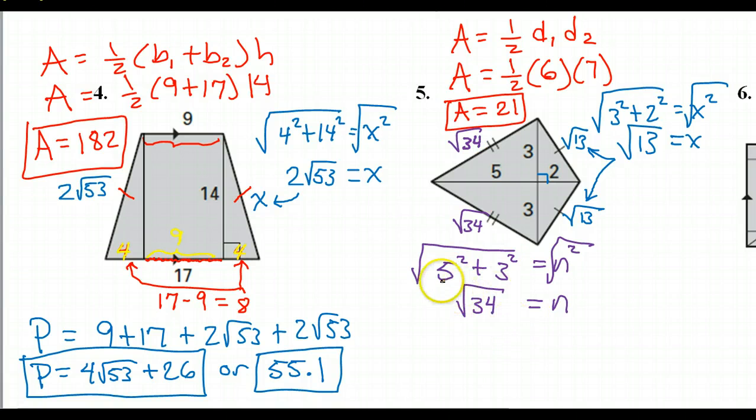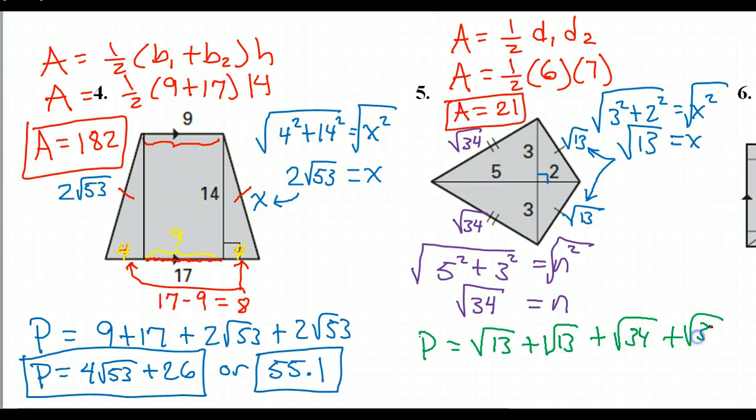Alright, so when it's time to do the perimeter, it is going to be radical 13 plus radical 13 plus radical 34 plus radical 34. Alright, it's just the sum of all the sides.